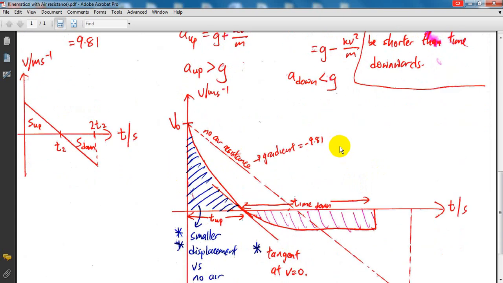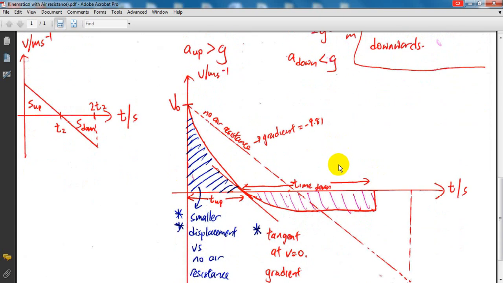Right? We can explain this idea in two ways. One is graphically. Alright, if you look at the shape of the slope, you realize that because the gradient gets less and less steep, I actually cover a lot more area here, the blue area, in a shorter span of time, as opposed to when I go underneath the x-axis, because of the shape of the graph.